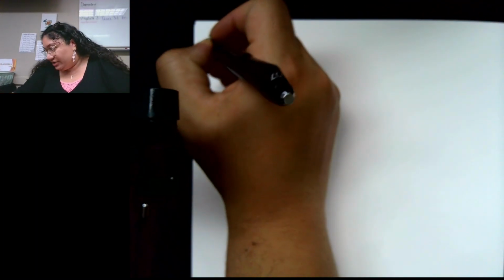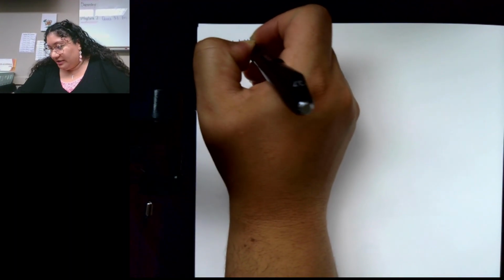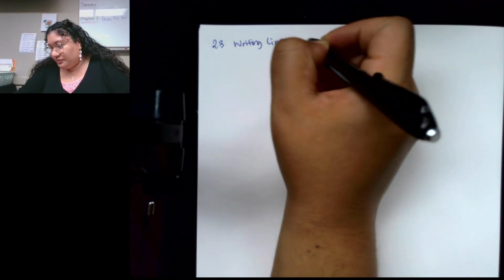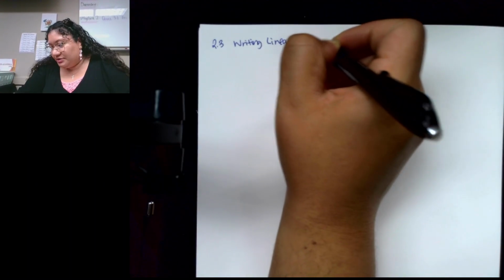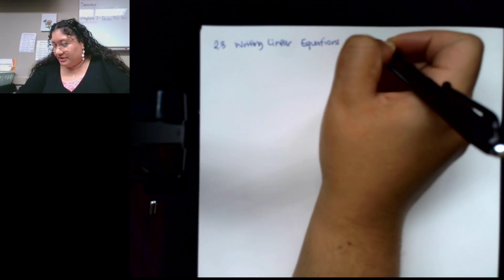Okay, so we will be beginning 2.3, writing linear equations. This is page 69.